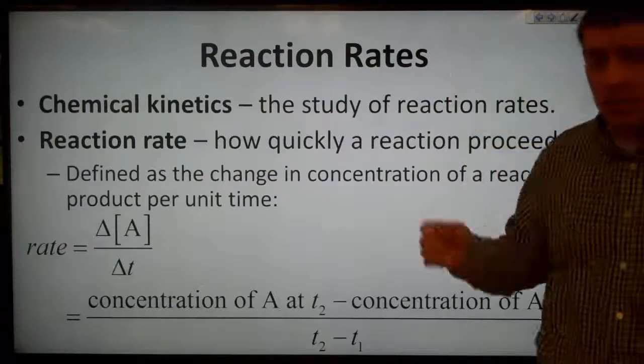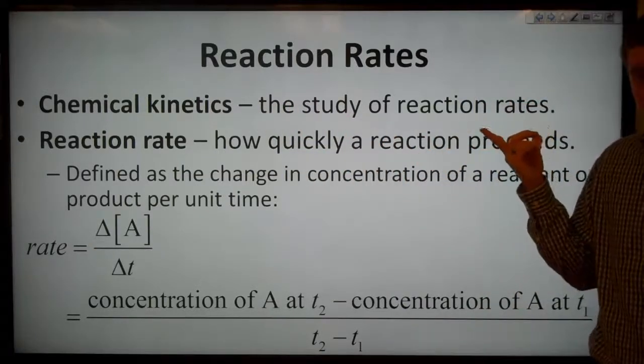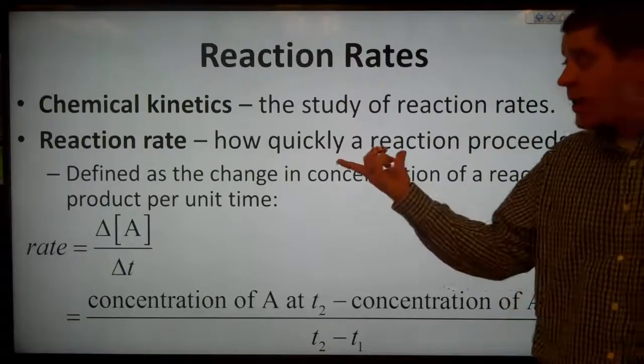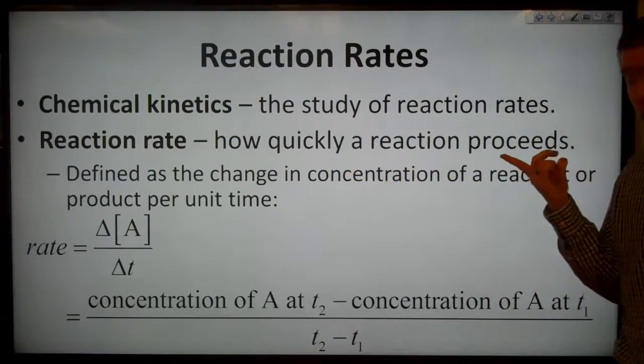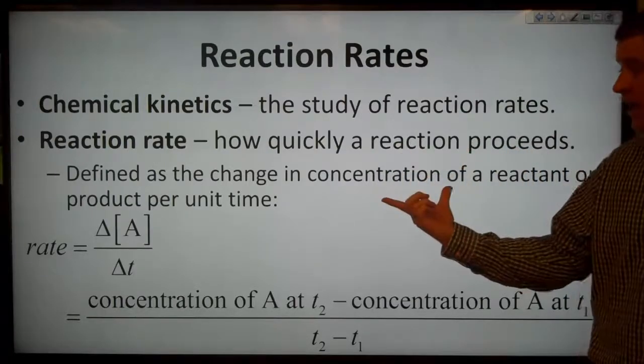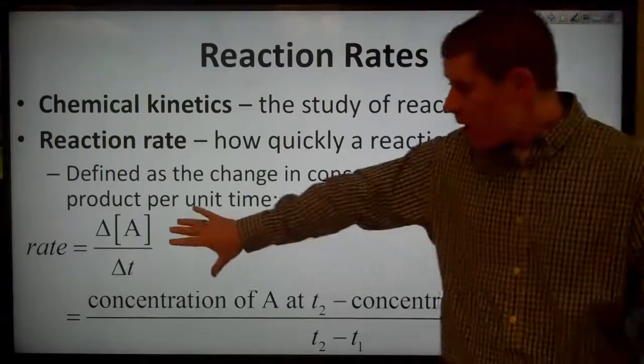And we're going to talk about reaction rates. Chemical kinetics is the study of reaction rates: how fast a reaction happens, how fast some process occurs. The reaction rate is how quickly a reaction proceeds. It's usually defined as a change in concentration of a reactant or product per unit time. So it may look something like this.